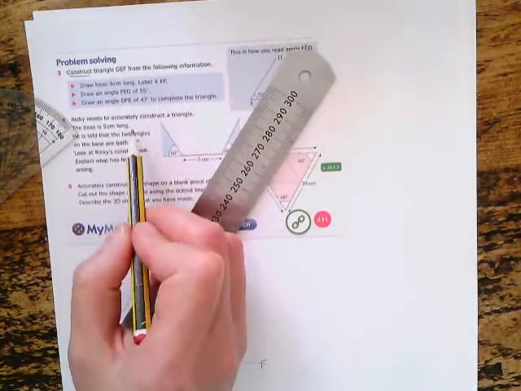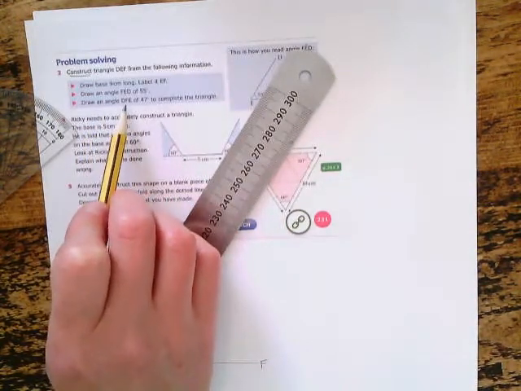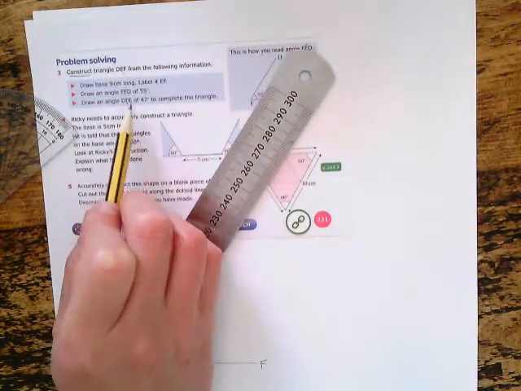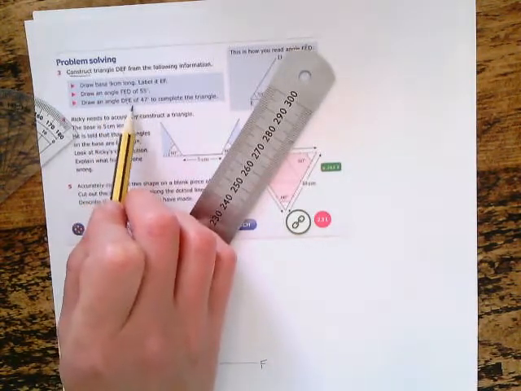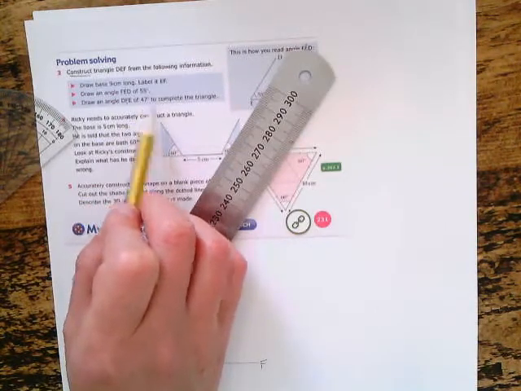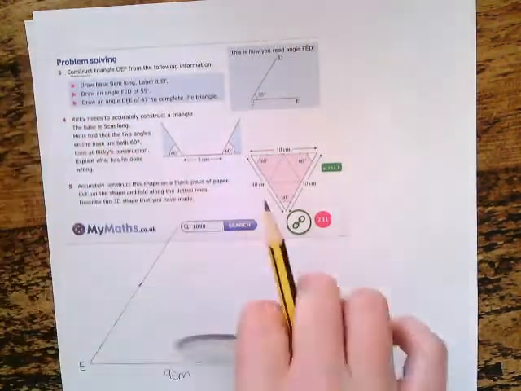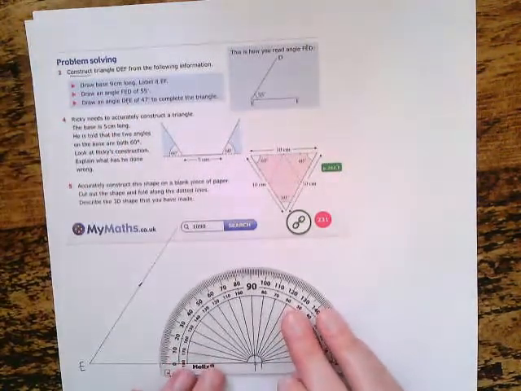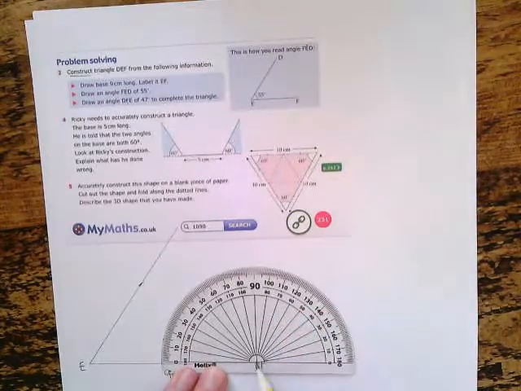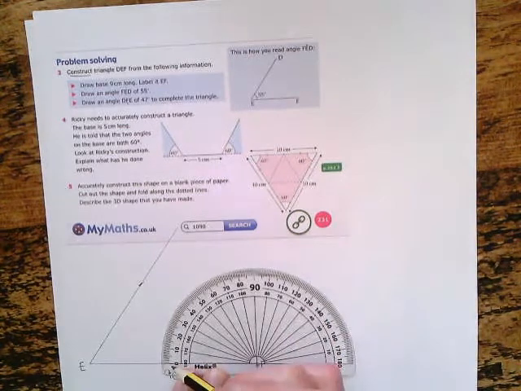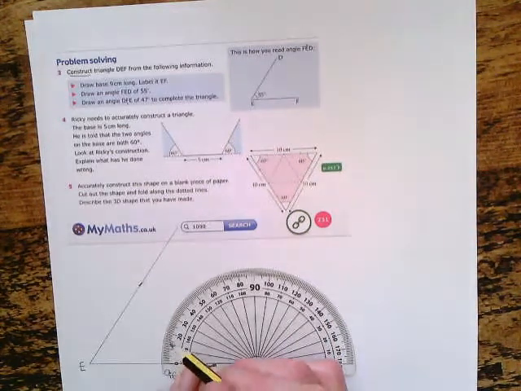And the last instruction, draw an angle of DFE. It's going to be at F, it's trapped in the middle. So draw an angle DFE of 47 degrees to complete the triangle. So that's F over here. Let's draw 47. So really exact this time. So this goes right at the end of my line, right through the 0, this time on the outside. Follow it round.